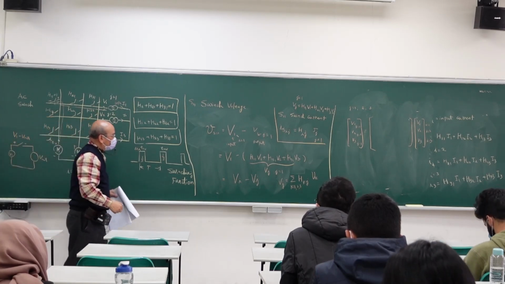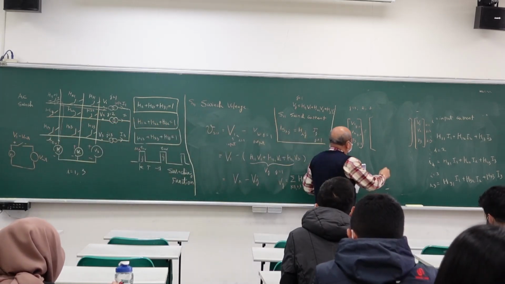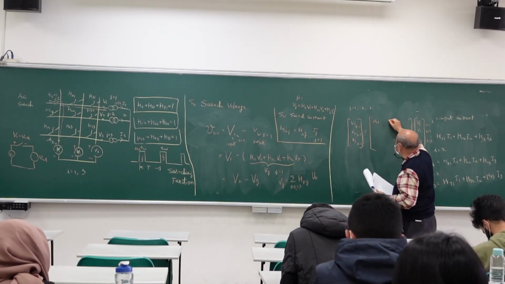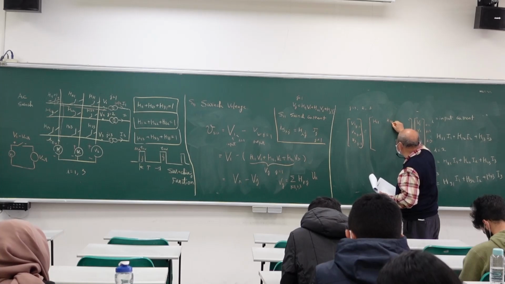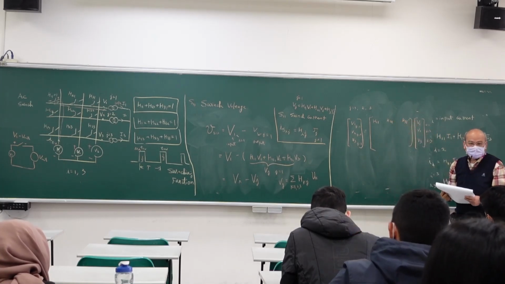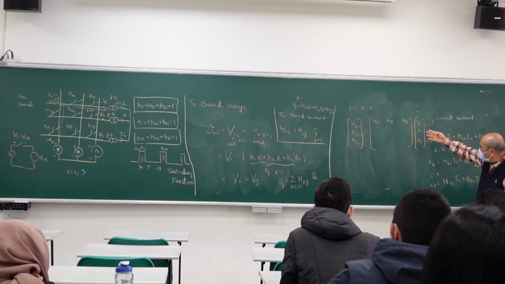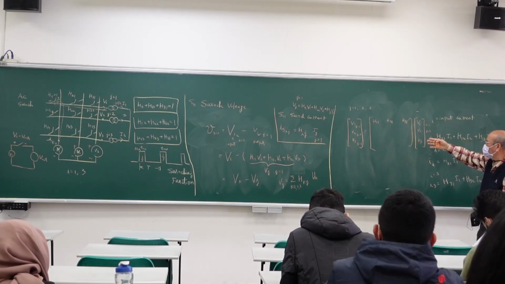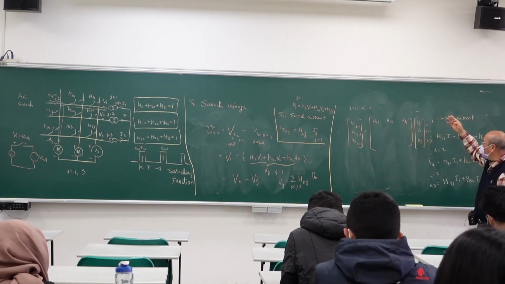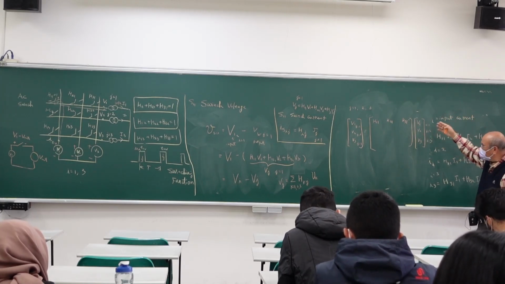So how can you describe this behavior? It is H11, then H21, H31, right? So output V1 equals H11 V1 plus H21 V2 plus H31 V3.